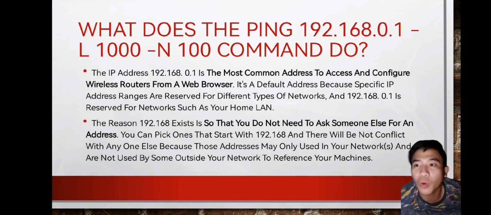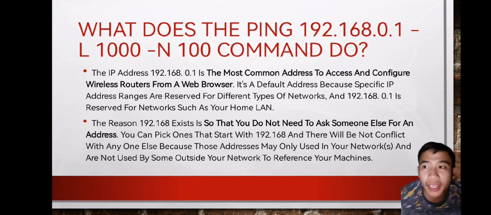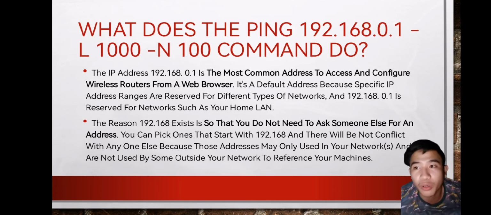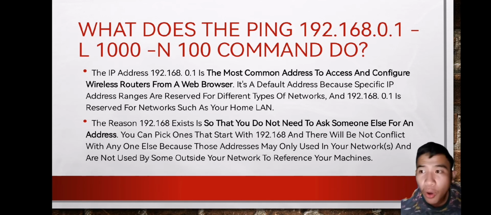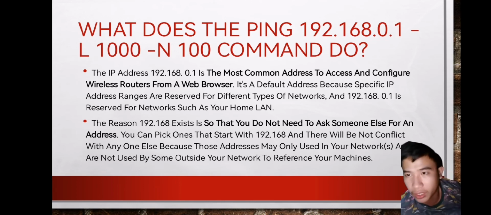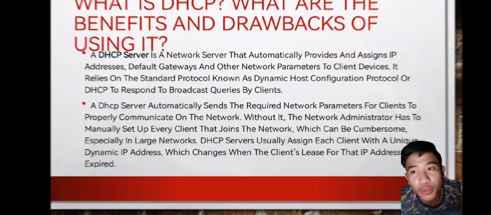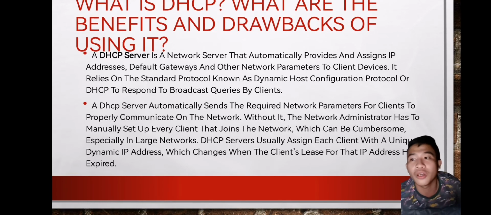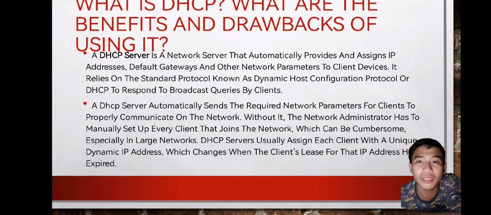You can pick one that starts with 192.168 and there will be no conflict with anyone else, because those addresses may only be used in your network and are not used by someone outside your network to reference your machine.